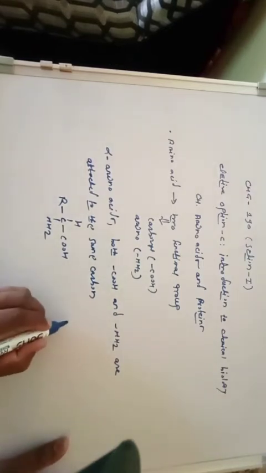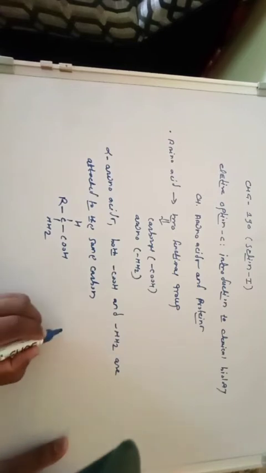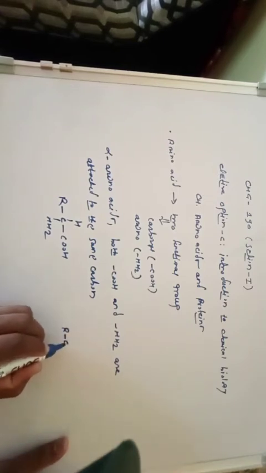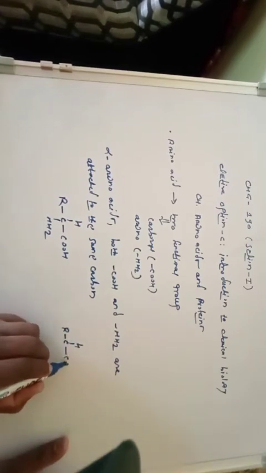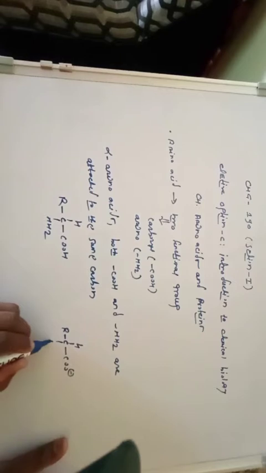This is the general structure of an amino acid, but it exists in ionic form, that is R CH COO minus NH3 positive.